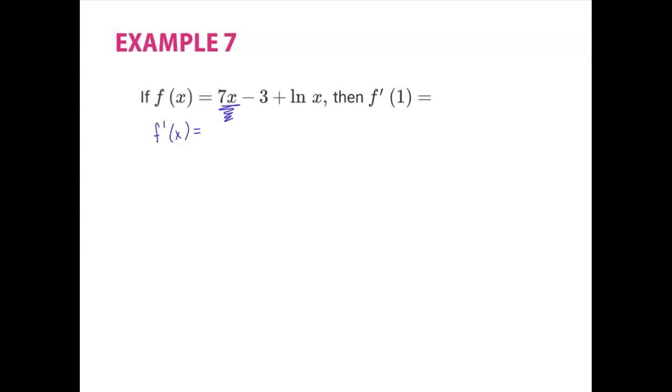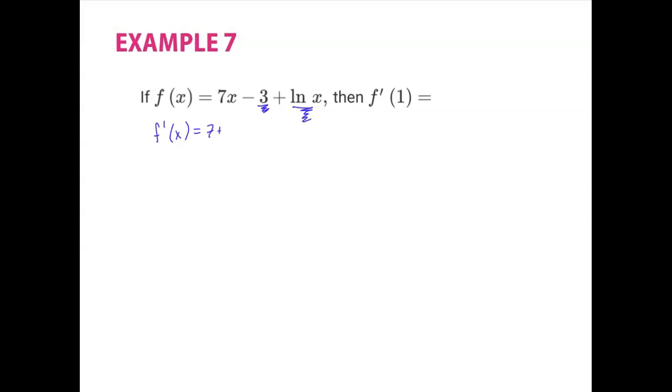What's the derivative of 7x? Seven. What's the derivative of 3? 0. Derivative of a constant is 0. What's the derivative of natural log x? 1 over x.